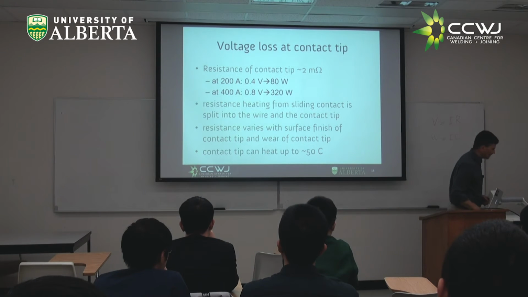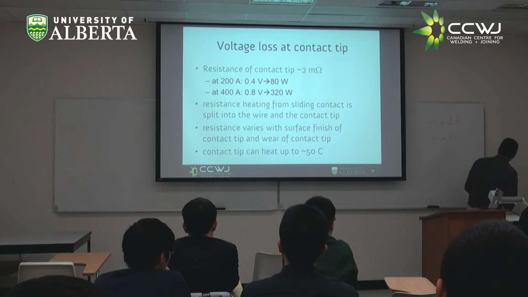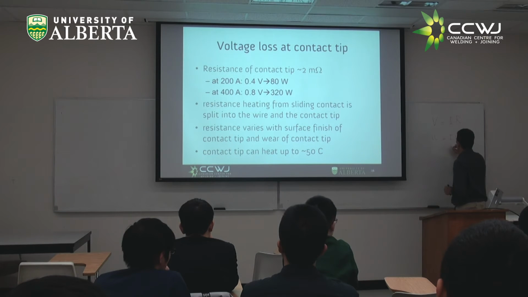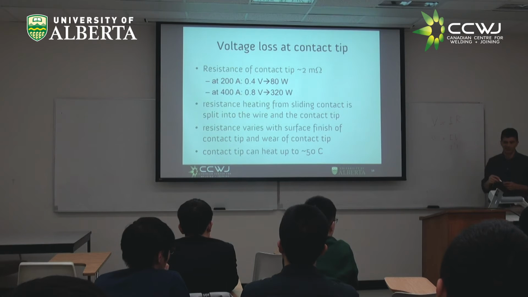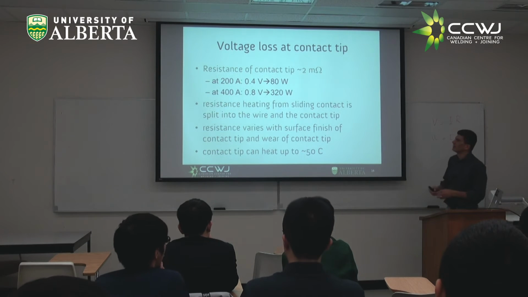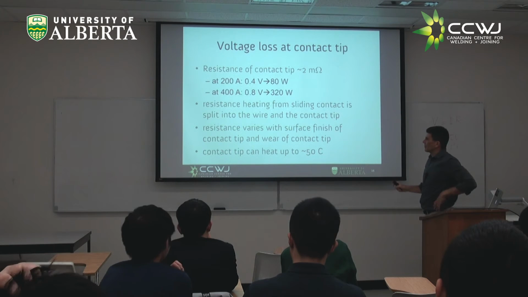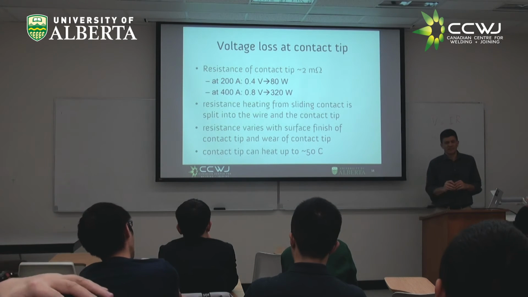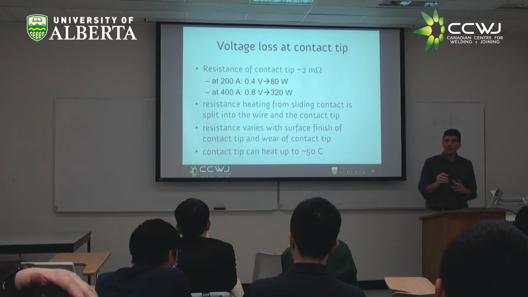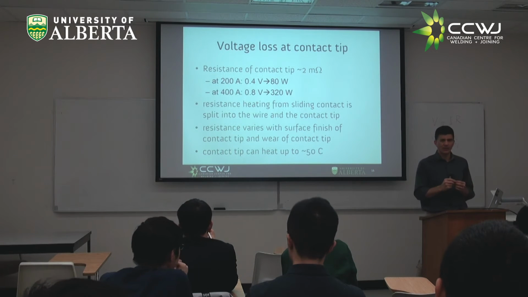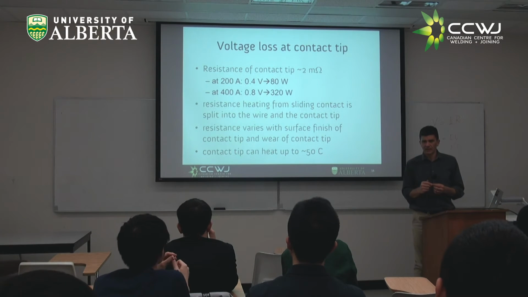You can even say, right? All right. So this contact tip resistance depends on so many things. But to give you an idea, the surface finish of the electrode has a significant effect.